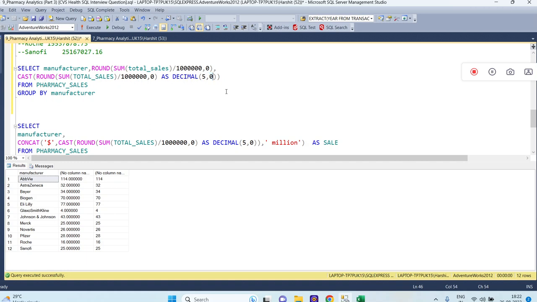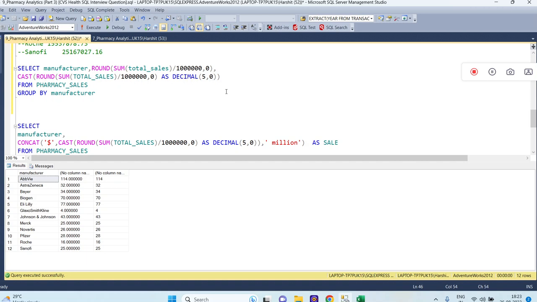If we require 2 digits, we have to write 2, like that. If we require 1 digit, then we write 1, but we do not require any digit after the point, like 0 0 0 0, so we are casting to 0.